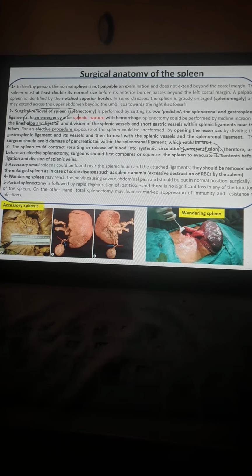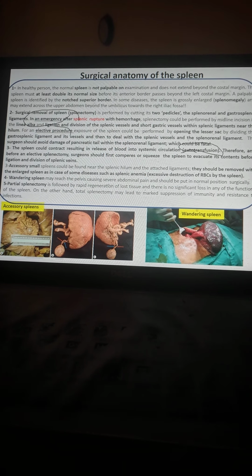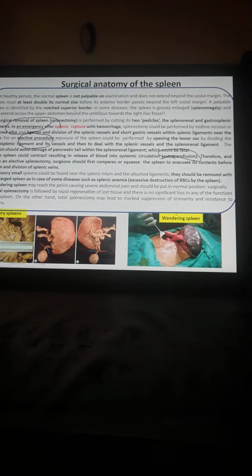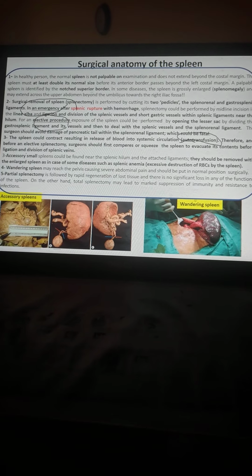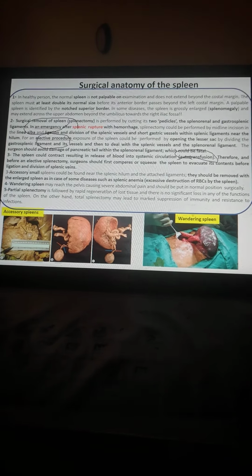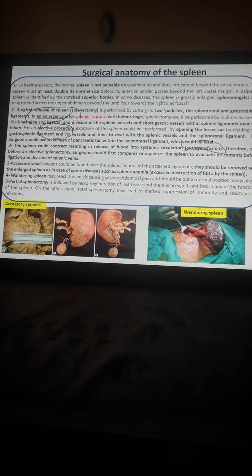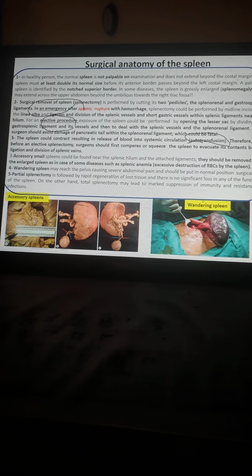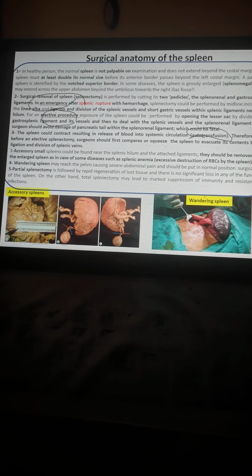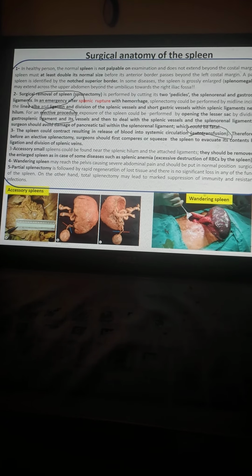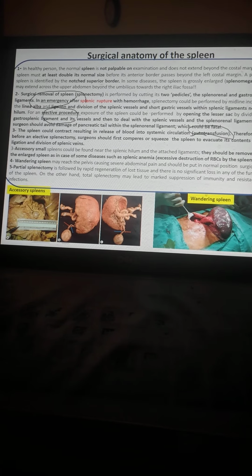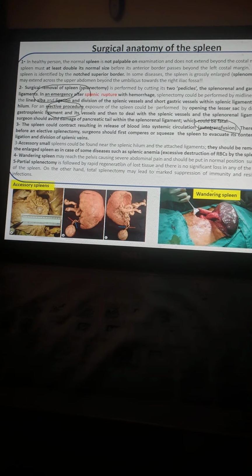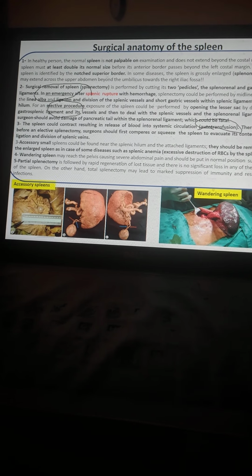The spleen can also be removed by elective procedure, not emergency, like splenomegaly in hemolytic blood disease, or splenomegaly in some diseases like bilharziasis. In this condition, we do a left paramedian incision, open the lesser omentum and access the spleen behind the stomach, and then remove it after ligation of the splenic vessels and doing autotransfusion.